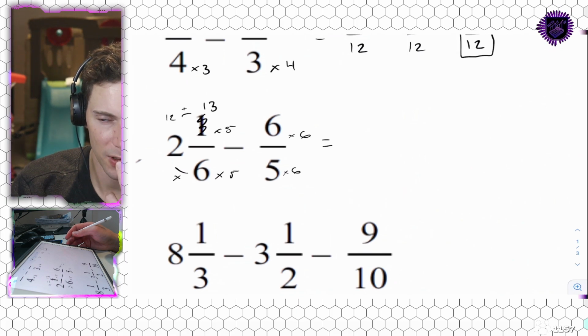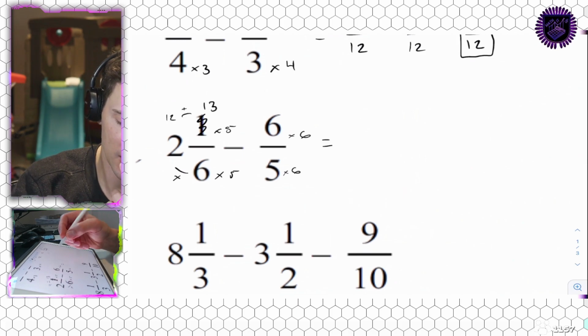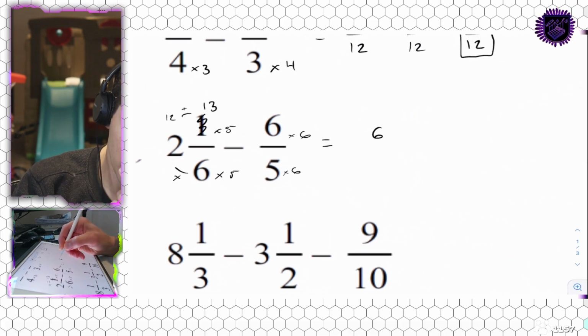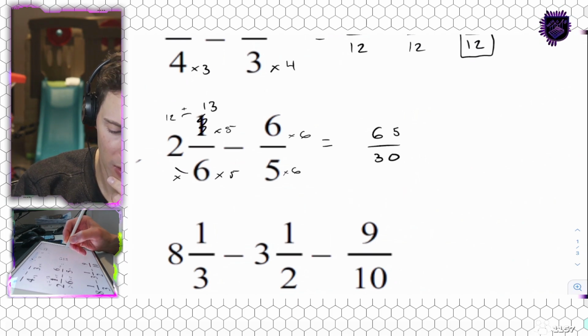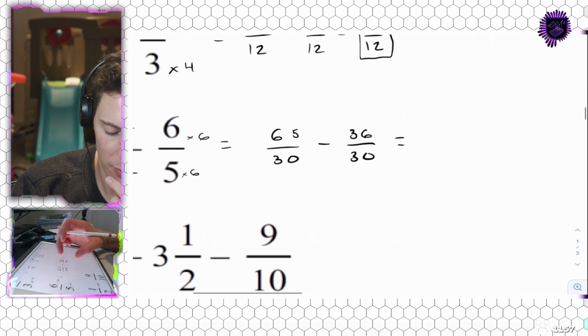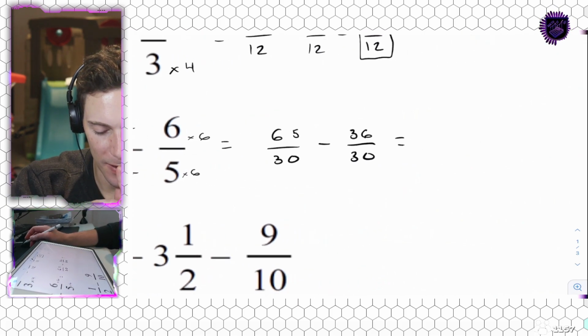No, 65. 10 times 5 is 50 plus 15 is 65. 65/30ths subtract 36/30ths is going to be equal to 65 minus 30.